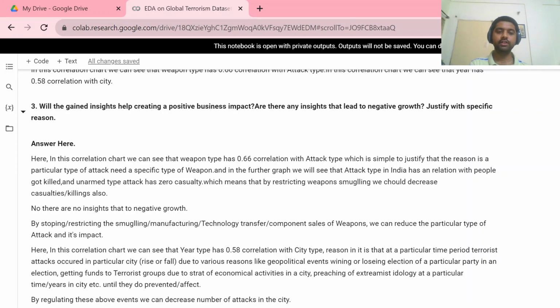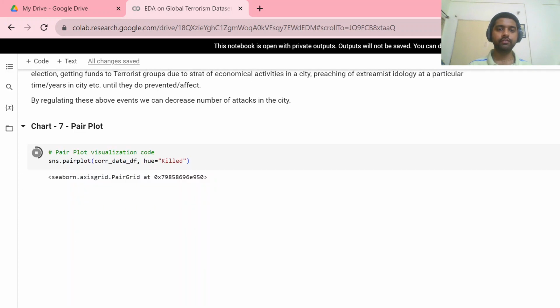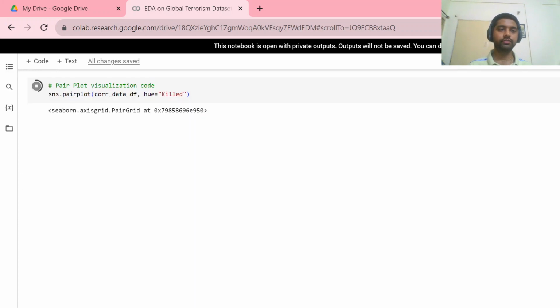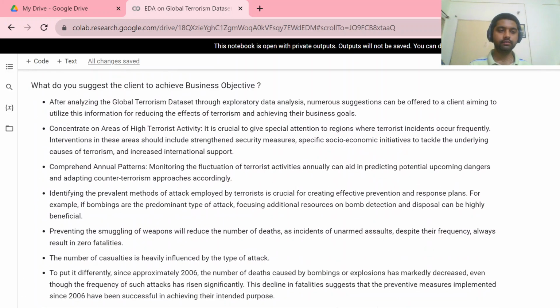And when there is no weapon type involved, almost in all the years, the deaths are zero. So if we could stop the manufacturing of weapons, we could significantly reduce the attacks.